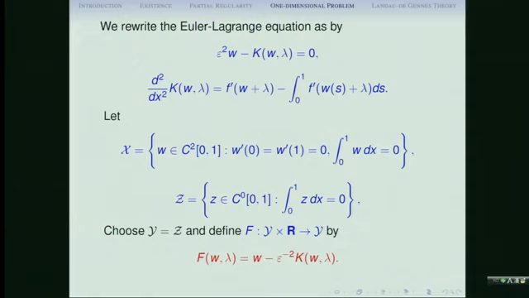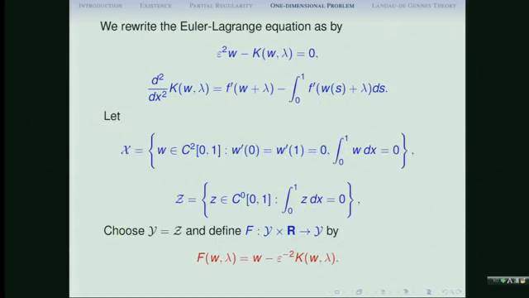When you plug in this lambda and differentiate this twice, you get this, so this is my equation. I consider X as the space C2 satisfying these conditions, and then I got Z as this. Using nonlinear functional analysis, I can define the function F like this, divided by epsilon squared.